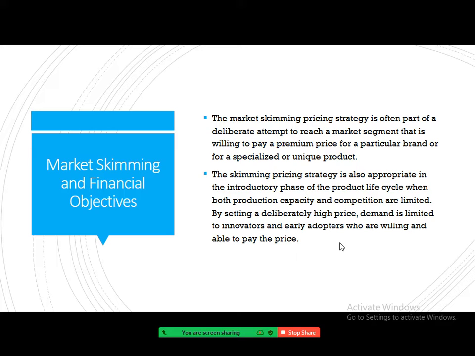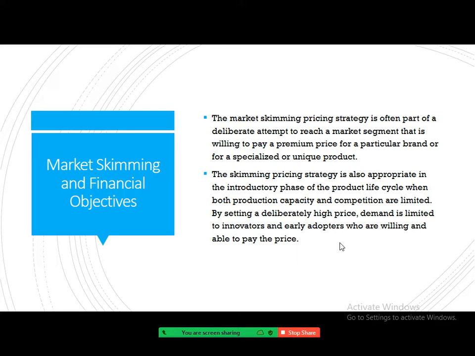So, the skimming pricing strategy is also appropriate in the introductory phase of the product life cycle when both production capacity and competition are limited. By setting a deliberately high price, demand is limited to the innovators and early adopters who are willing and able to pay.